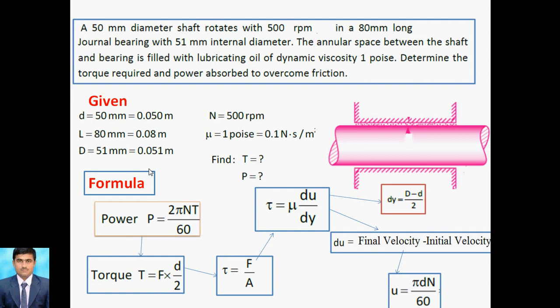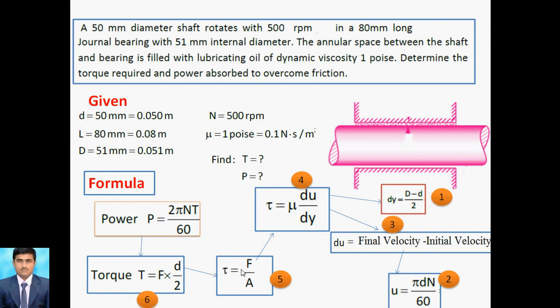So this is regarding the structure. First of all we calculate dy. Then next we go for u, then du. Then you go for Newton's law of viscosity, and after that we calculate tau, which is nothing but F by A. This is the formula for finding tau.